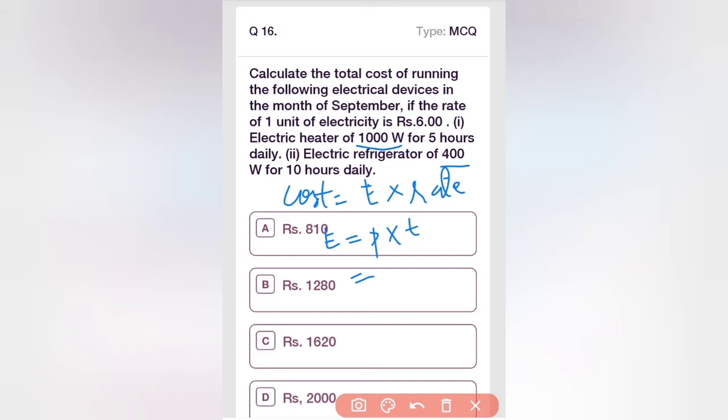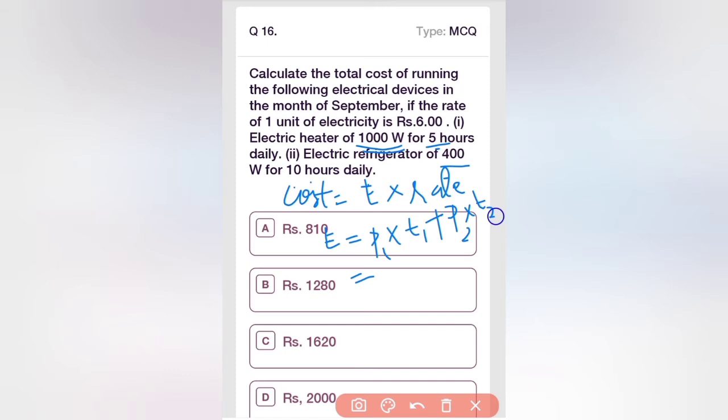See, here we have two powers, 400 watt and 1000 watt, operated for different times. So electric heater operated for 5 hours and refrigerator operated for 10 hours. So therefore 1000 into 5 will give you energy of electric heater. So we can write the formula for energy as P1 into T1 plus P2 into T2.